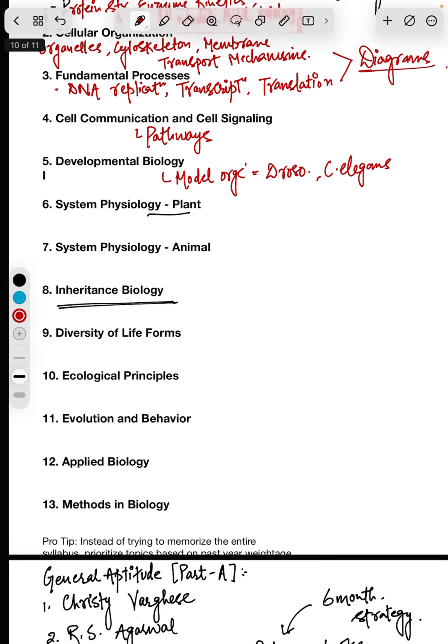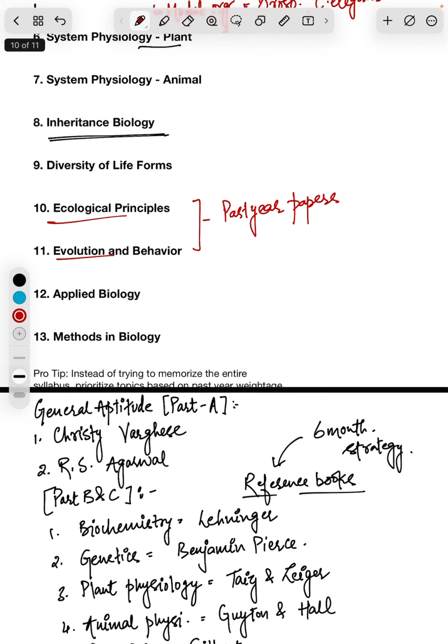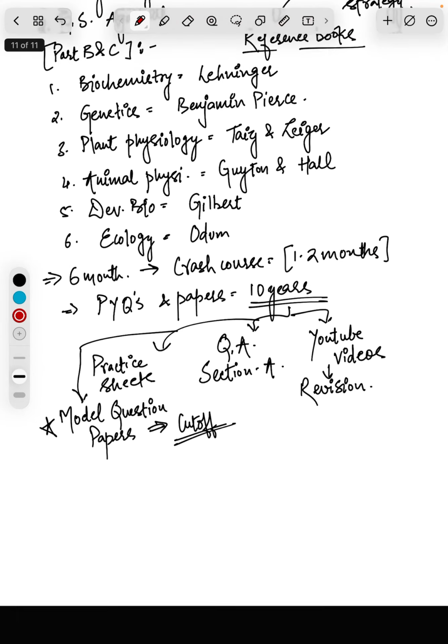And for evolution and ecology, past year papers will be super useful, and also as many practice questions as you do, that matters here.